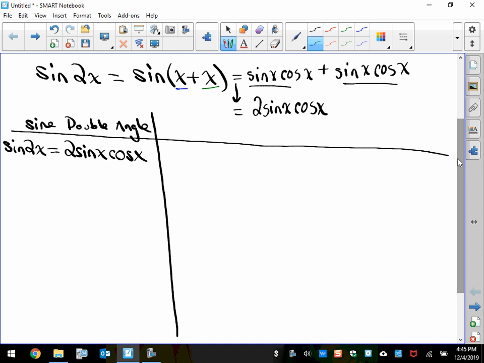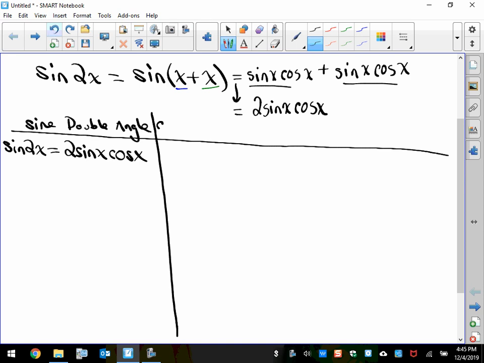This one was my favorite one as a student because it almost seems like that 2 comes out in front of the sine. It's not really what's happening. You can see what's happening up here. We're just adding two different sine x cosine x's together. But as a student, I just thought of it as the 2 coming out in front. So it's not really what's happening, but it's a good way to think about it.